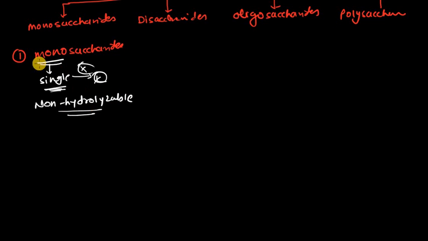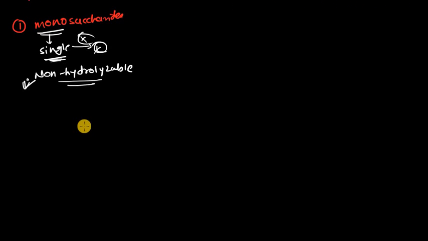You cannot hydrolyze these monosaccharide units into further smaller units. There is no hydrolysis possible. Because of this, they are also known as simple sugars, because they cannot be broken down further.